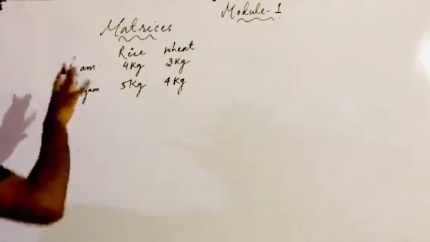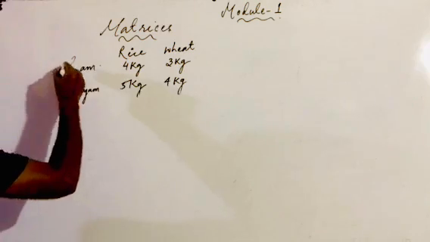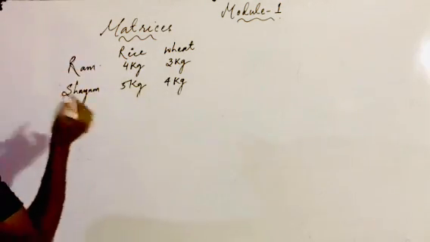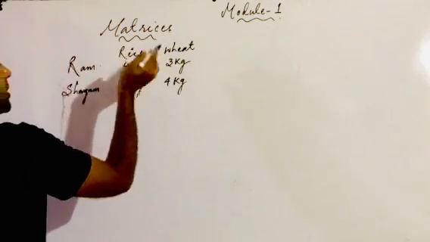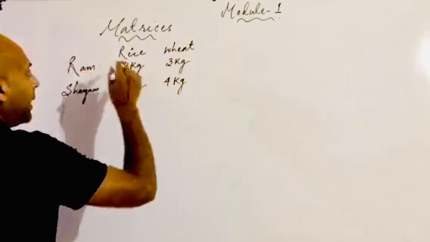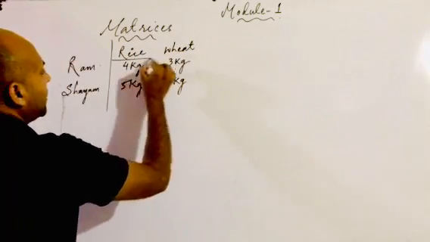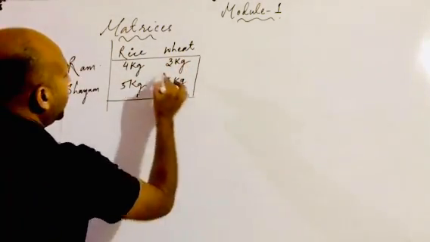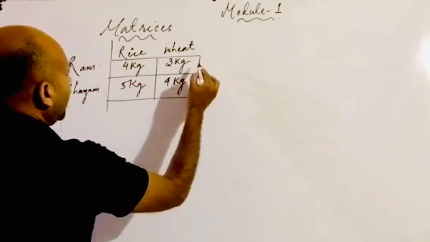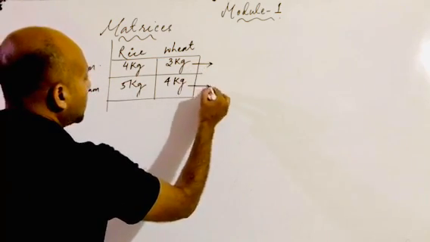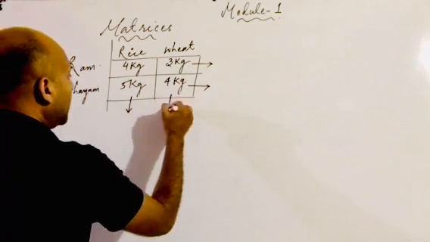So this is how I have written the data of two friends who went marketing and got something from the market. Now, suppose this data, which is in the form of an array, I am arranging like this. Here you can see that there are two horizontal rows and two vertical columns.